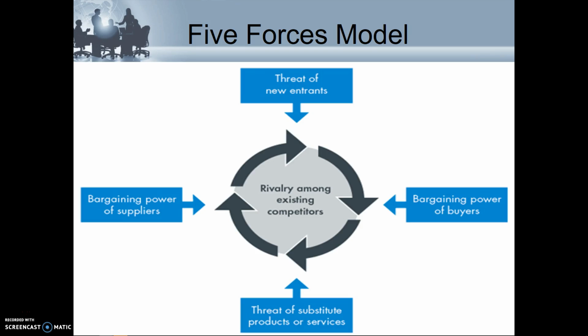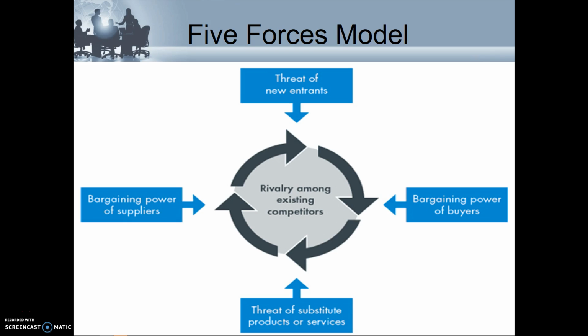Now, this diagram shows us what that 5 forces model looks like. So you can see central to this model is we have the forces of the existing competitors. So that rivalry that's existing is enacting forces upon your particular company and industry, causing you to raise your prices, lower your prices, better your product, and so on. Acting on those, we have 4 other outside forces that act on the industry.